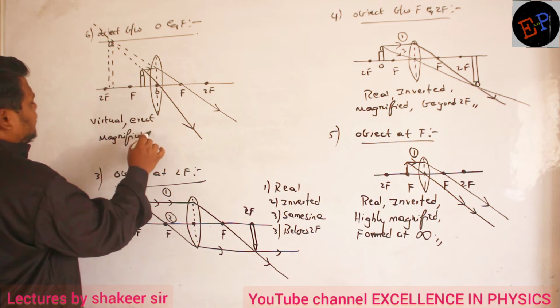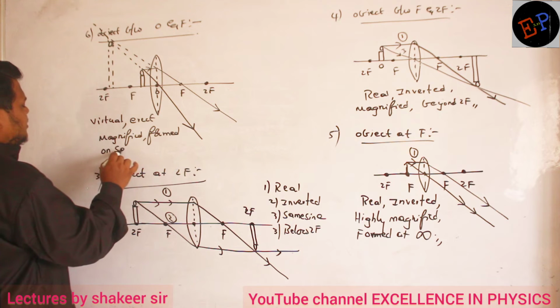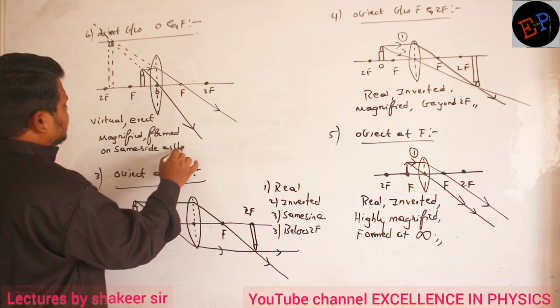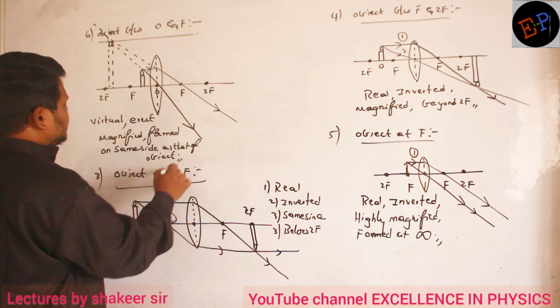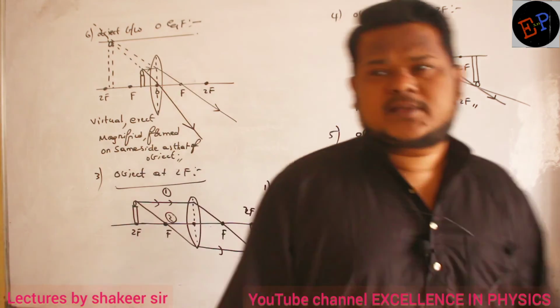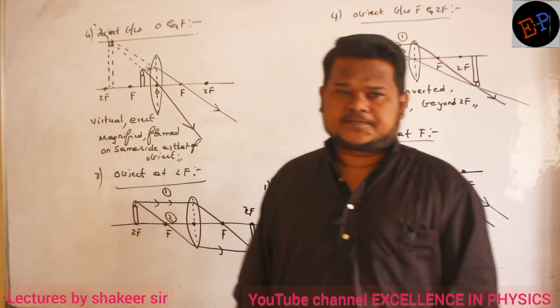Formed on the same side as that of the object. But in the case of mirrors, it was formed on the other side, no? Here we write that it is formed on the same side as that of the object. Clear, no?